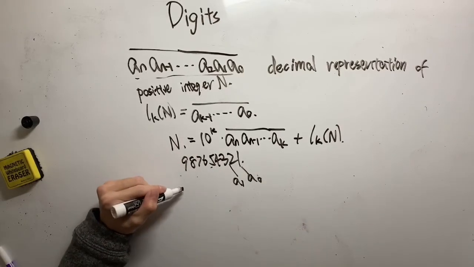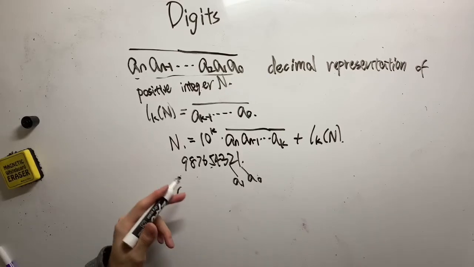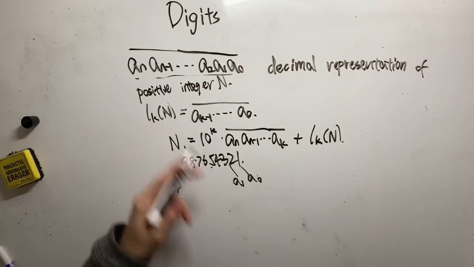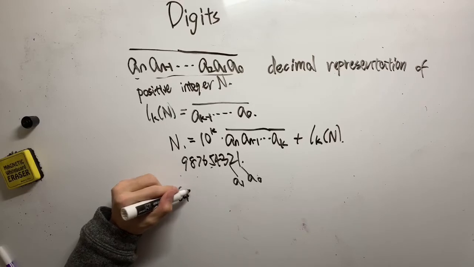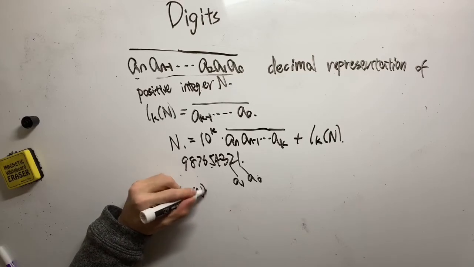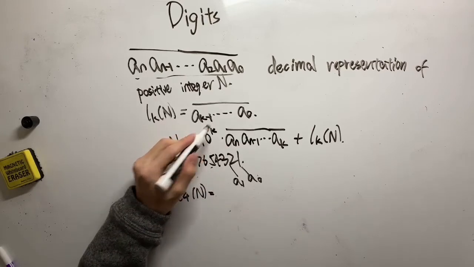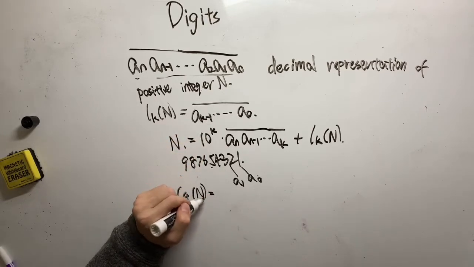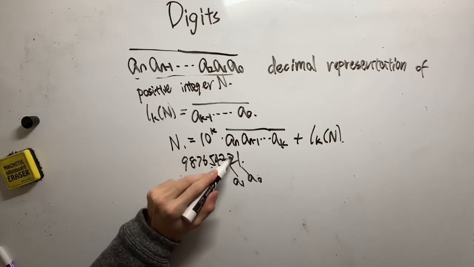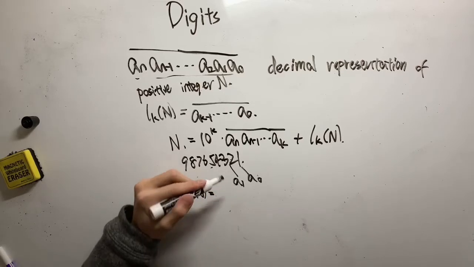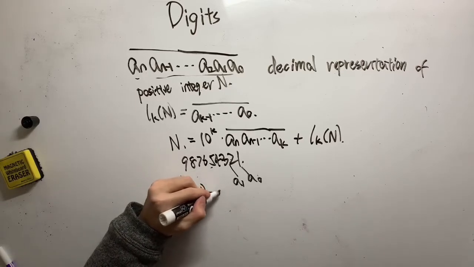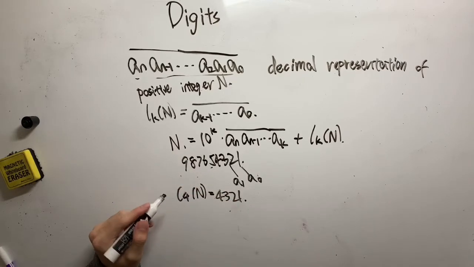If we want to find the last 4 digits of number n, then L4 of this number n is a_{k-1}, so 4 minus 1 is a3. So that's a1, that's a2, that's a3. We have L4 equals 4321.